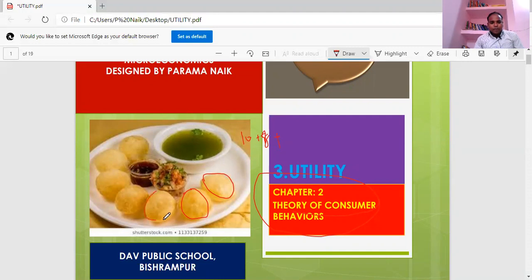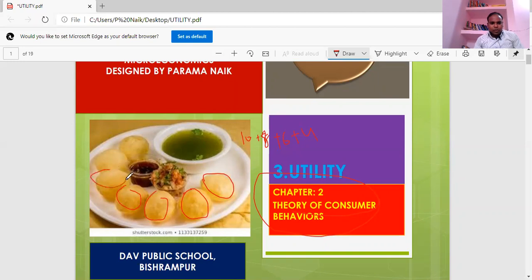If you are taking the third, then you are getting 6 utility. If you are taking the fourth, then you are getting 4 utils or utility.